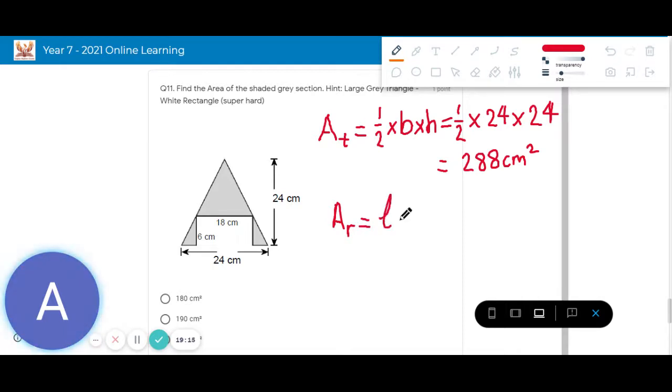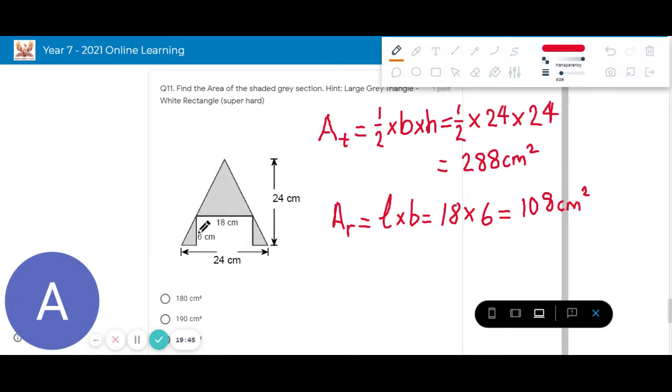Area of a rectangle is just length times breadth. And in this case, the length is 18 and the breadth is 6. So our area for our rectangle is just 18 times 6, which is 108 square centimetres. And remember, we needed to remove that area, okay?